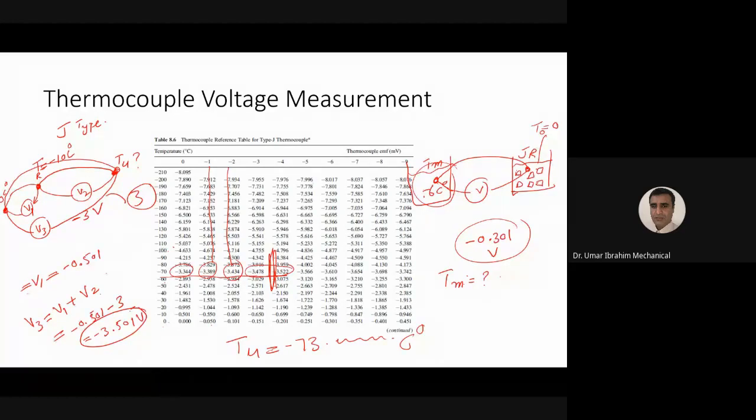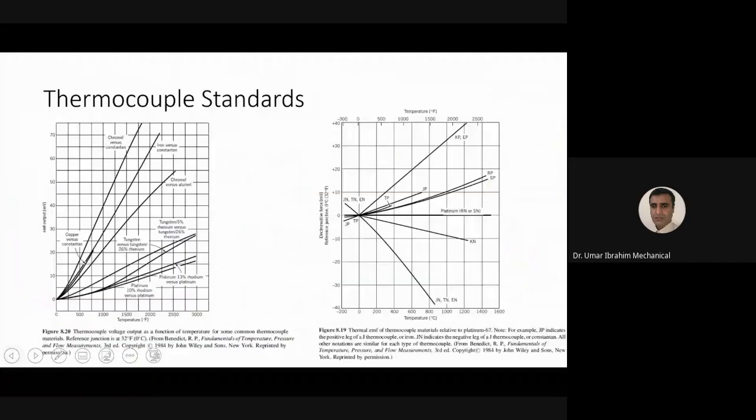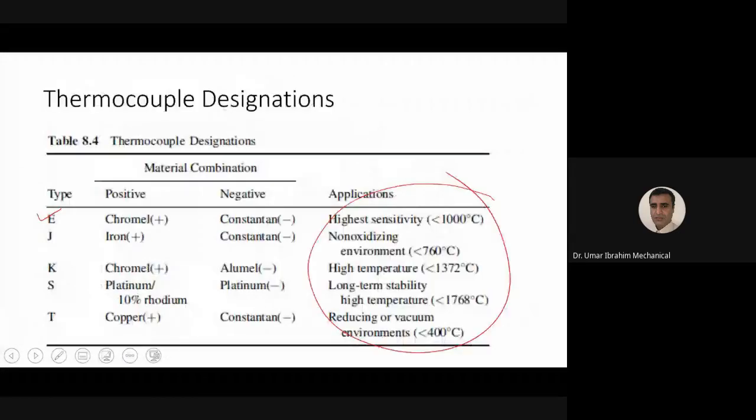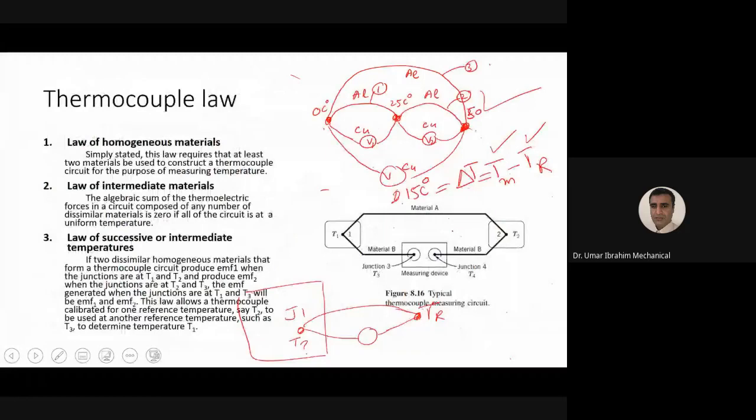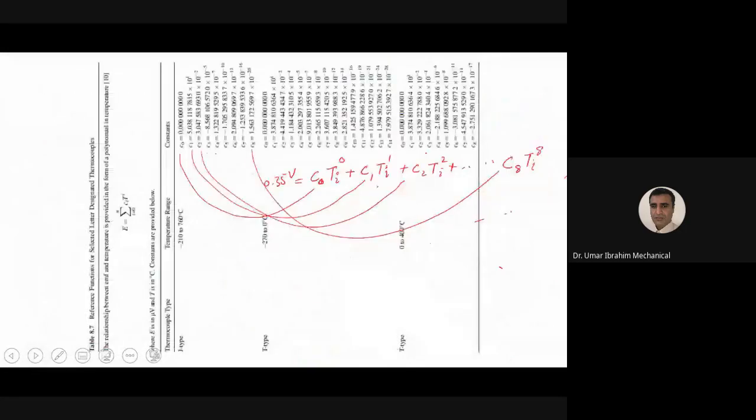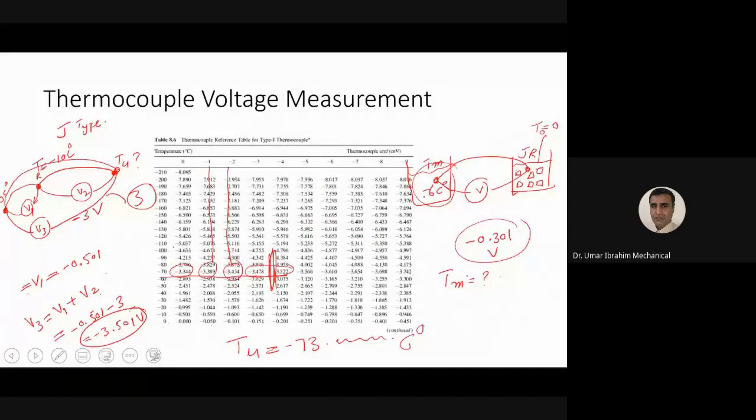देखें, अगर हमारे पास ये थर्ड लॉ ऑफ थर्मोकपल ना होता, if we did not have a law of successive or intermediate temperature, तो फिर हमारे लिए मसला होता। हर रेफरेंस टेम्परेचर के लिए एक अलहदा टेबल होती, 0 डिग्री सेंटीग्रेड के लिए अलहदा, 1 डिग्री के लिए अलहदा, 2 डिग्री के लिए अलहदा, 10 डिग्री के लिए अलहदा, -50 डिग्री सेंटीग्रेड रेफरेंस टेम्परेचर के लिए अलहदा। ठीक है, तो दैट वुड हैव बीन इम्पॉसिबल to use a table.